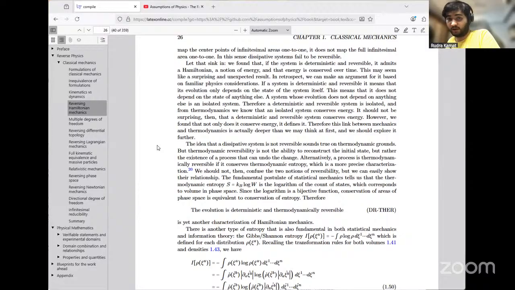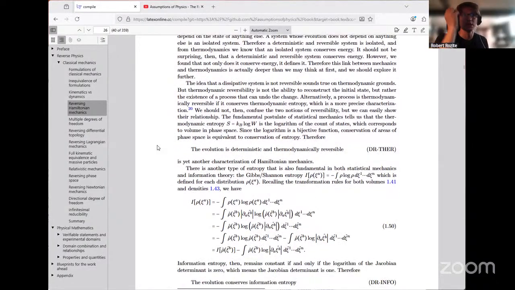And from thermodynamics, we know that an isolated system conserves energy. It should not be surprising, then, that a deterministic and reversible system conserves energy. However, we found that not only does it conserve energy, it defines it. Therefore, this link between mechanics and thermodynamics is actually deeper than we may think at first, and we should explore it further.